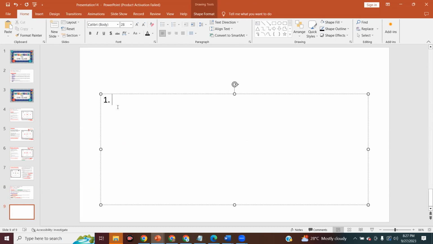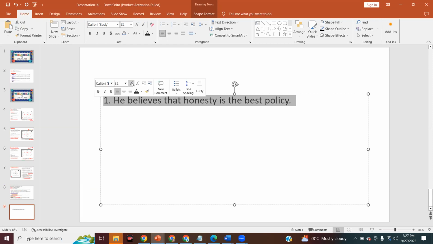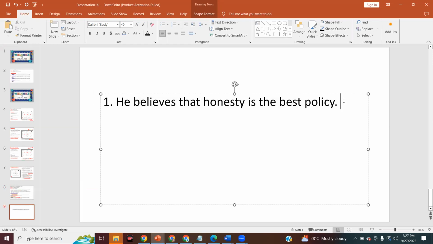So this first one says, he believes that honesty is the best policy. If you think it's subject of a sentence, put subject. If you think it's object of a verb, put object. Put it inside the chat for me, please.